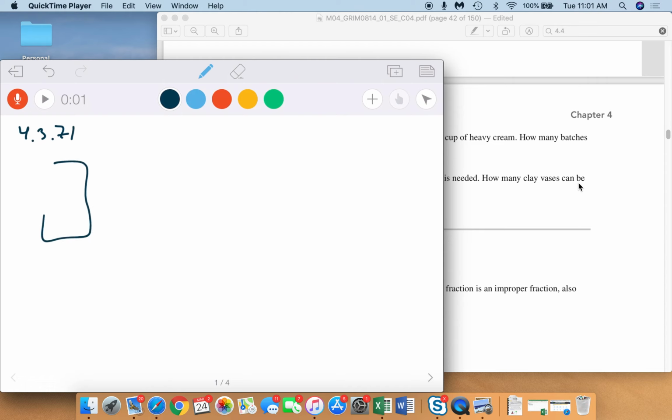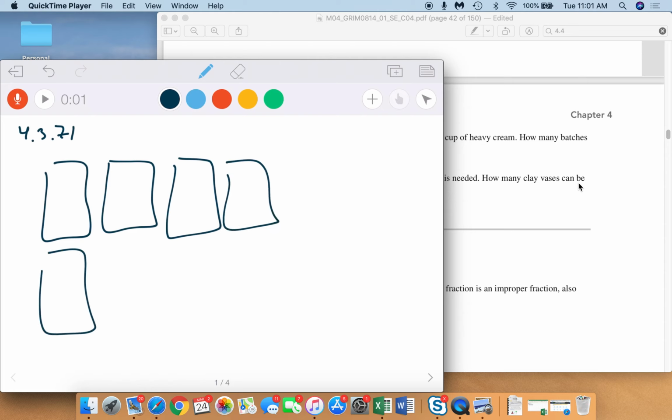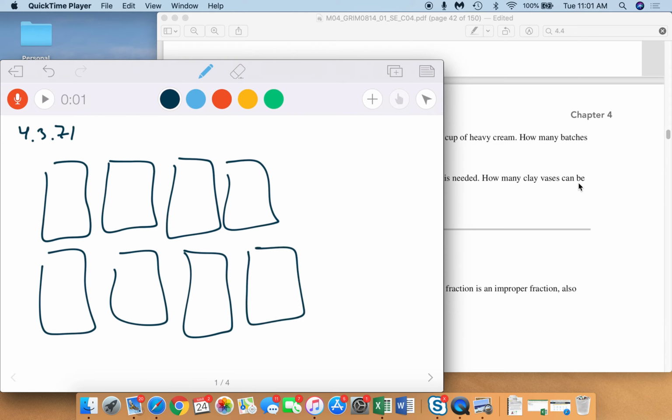So we have 8, forgive my horrible pictures. These are not even remotely equal. Sorry. So we have 8 there, and we want to know if each batch needs 2/3 of a cup, how many batches can we make?